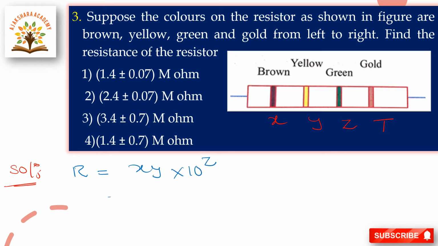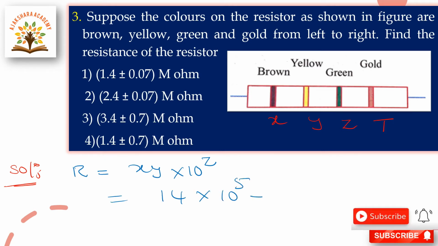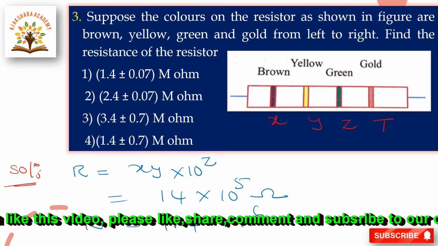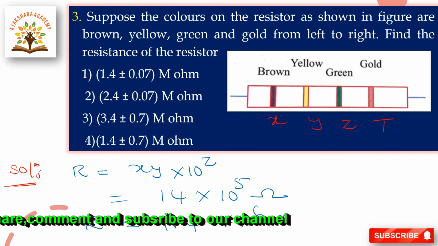So that is equals to 14 into 10 to the power of 5 ohms. So R is equals to 1.4 into 10 to the power of 6 ohms.